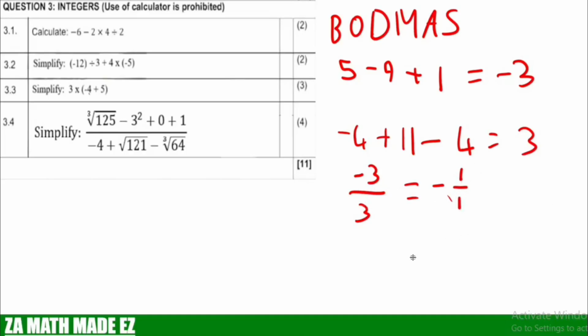But you can take this even further, and this 1 at the bottom just falls away. So it will be just negative 1. That is your final answer. This looks complicated, but in reality this just ends up as minus 3, and this just ends up as 3. If you understand this, this is an easy 4 marks.